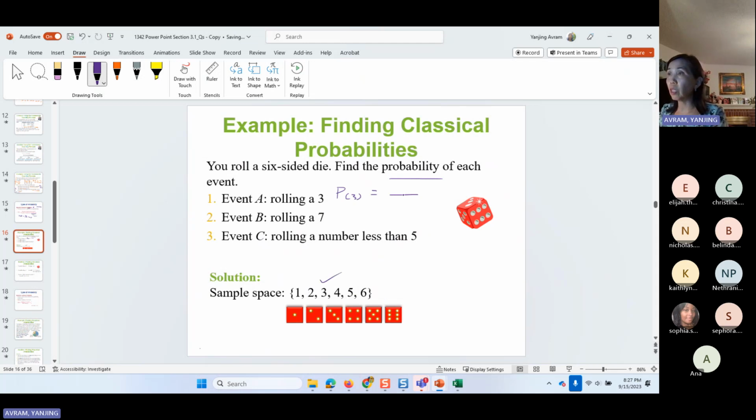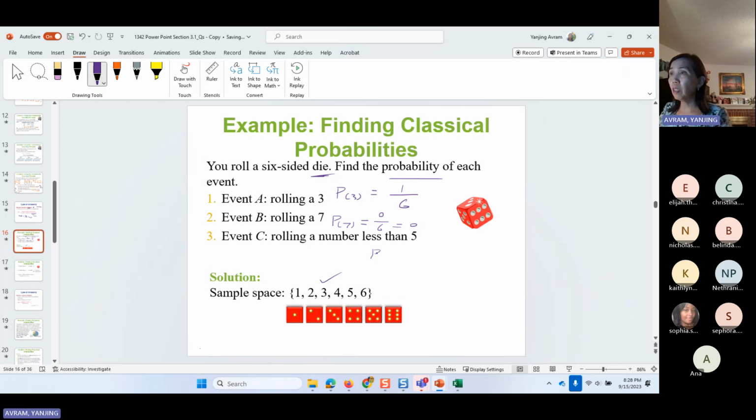There's only one 3 here, so that's 1 out of the total. The total is 6. So it's a 1 out of 6 chance you're going to get a 3. Probability of rolling a 7 on this 6-sided die: there's no 7, so the possible outcomes for 7 is 0, and 0 divided by 6 is still 0.